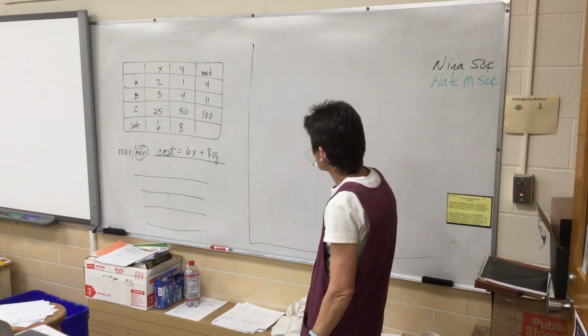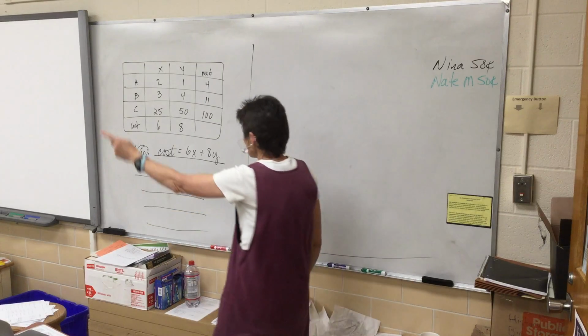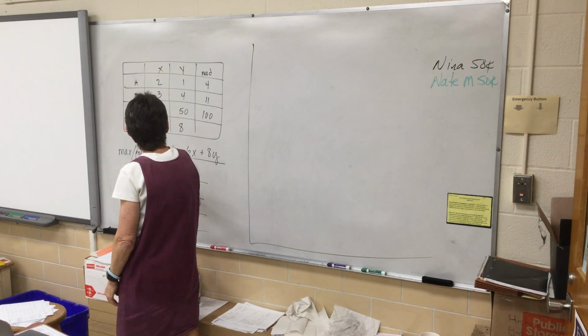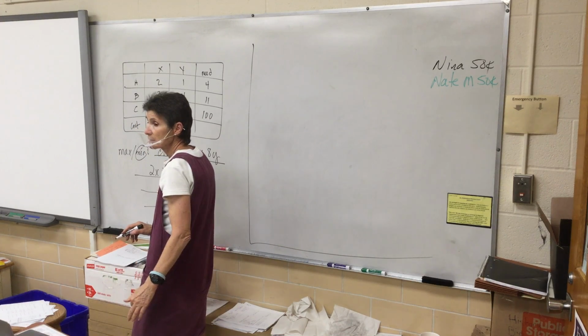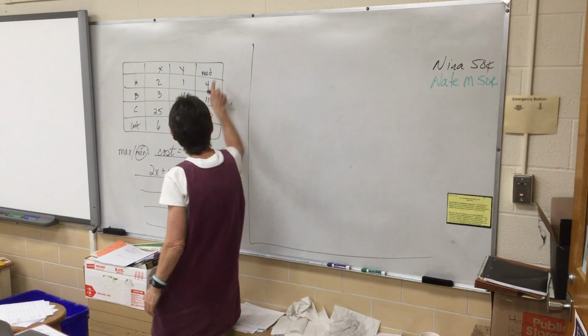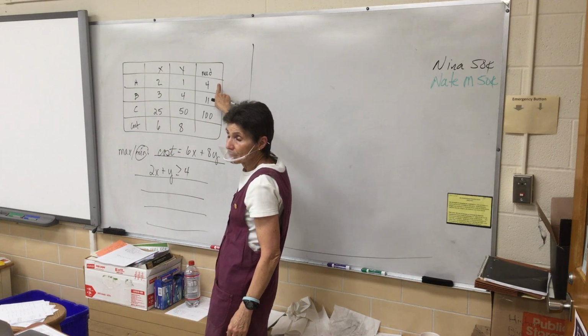Okay? So what are my constraints going to be? Read them straight across. Here we go. 2x plus y is greater than or equal to. Kids, this is a minimum daily need.